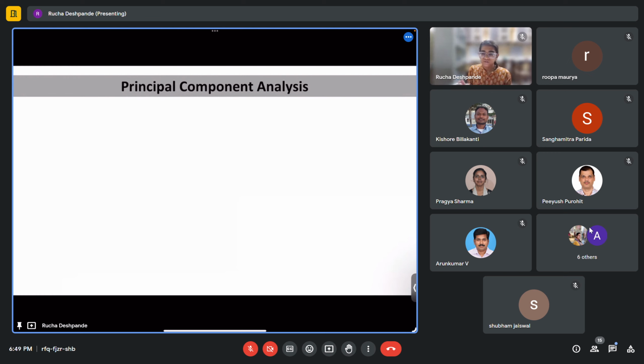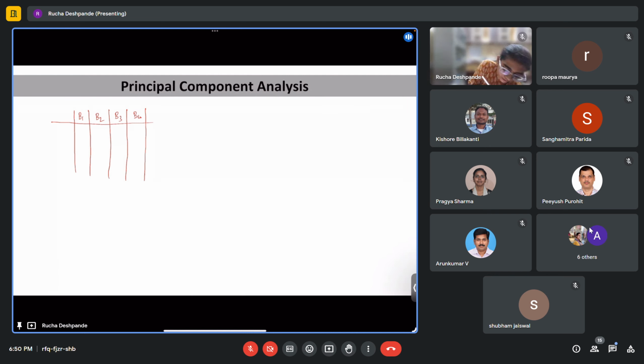Okay, so we'll see how we are reducing the dimensionality of the data. Suppose this is band 1, band 2, band 3, band 4, and so on.